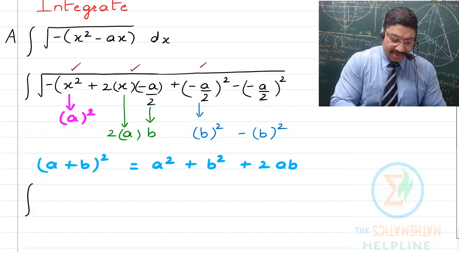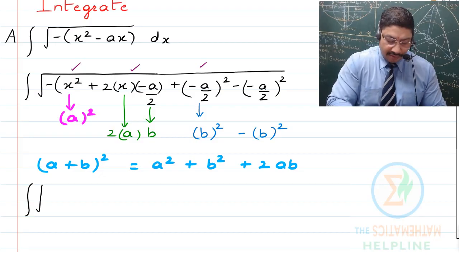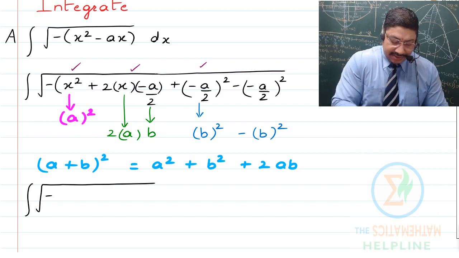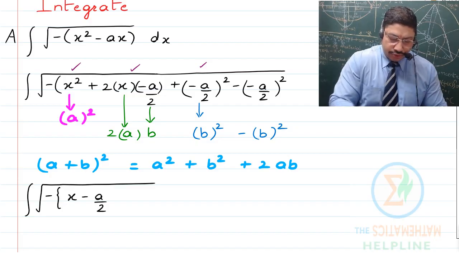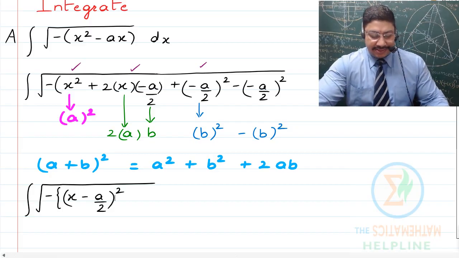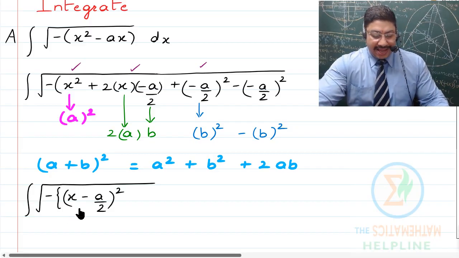As such, now in the next step you can write integral of, we will now write this to be minus, which still waits outside, and inside children we have x and minus a upon 2, and we have the whole square of this. Let's expand and quickly see. So if you talk about x squared, we'll get this x square here. Then we'll talk about the 2ab term, which will be 2 times of x times of minus a upon 2, that is this.